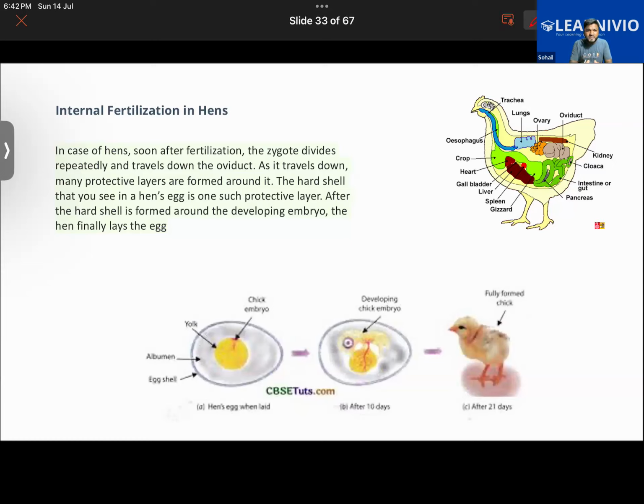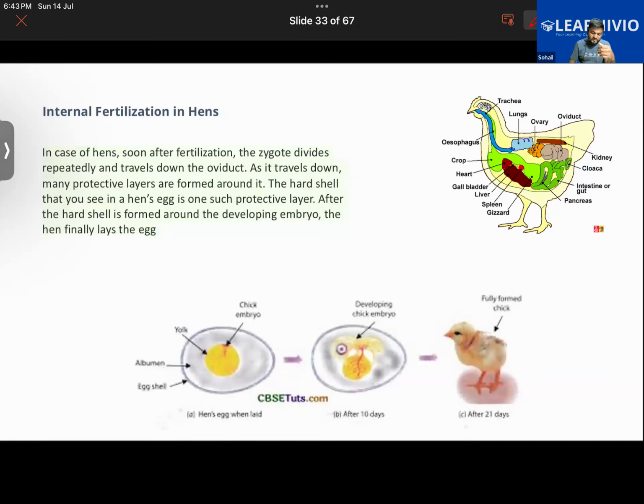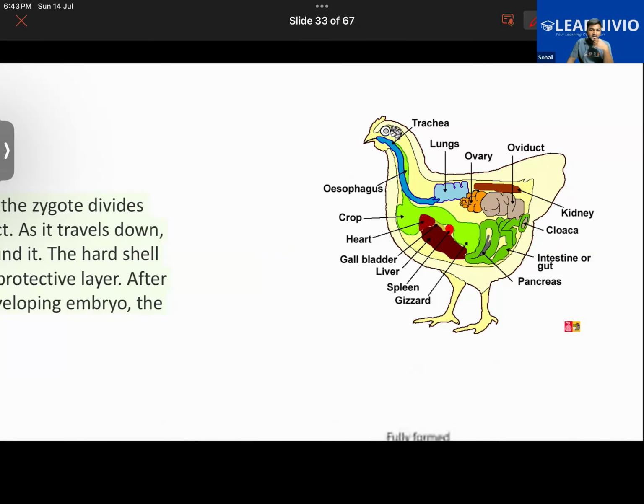Let us understand what happens in the case of internal fertilization in hens. After fertilization has occurred, the egg cells of the hen are fertilized with the sperm cells of the male hen. Here also it would lead to formation of zygote, and the zygote will keep on dividing itself until it travels to the oviduct of the female hen.